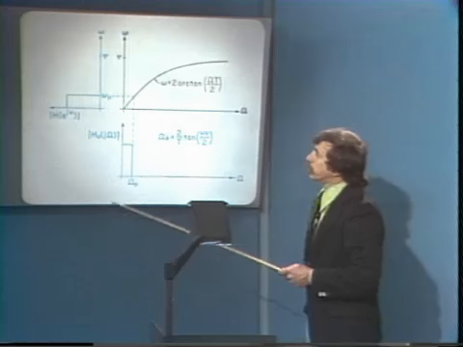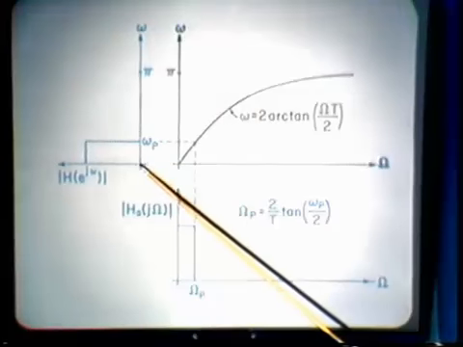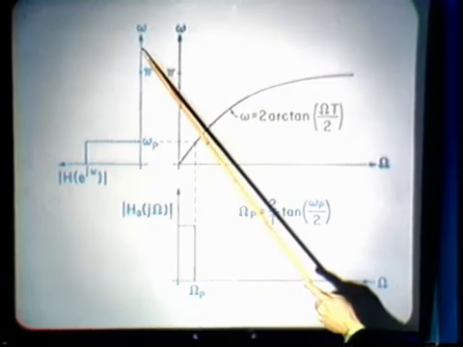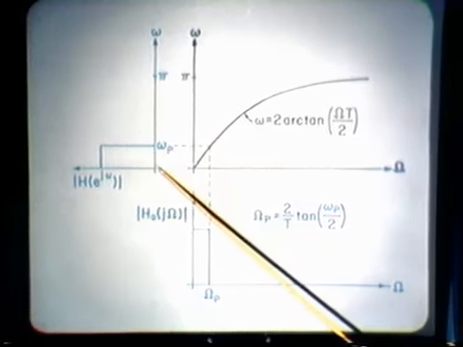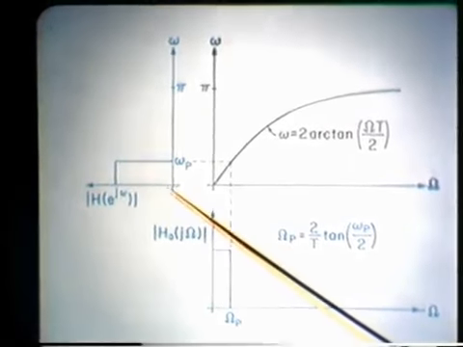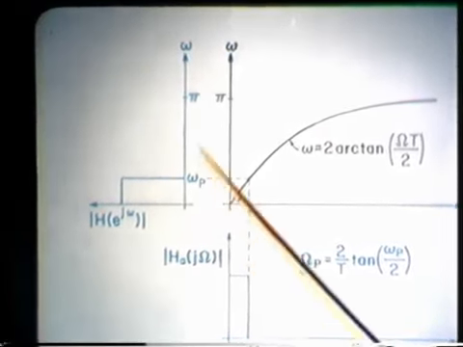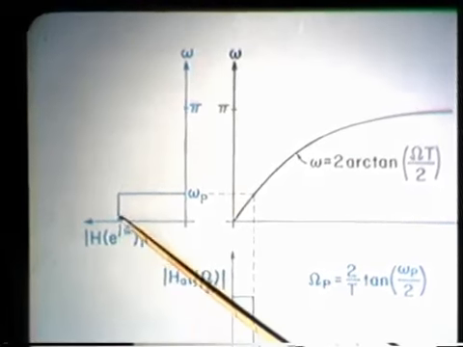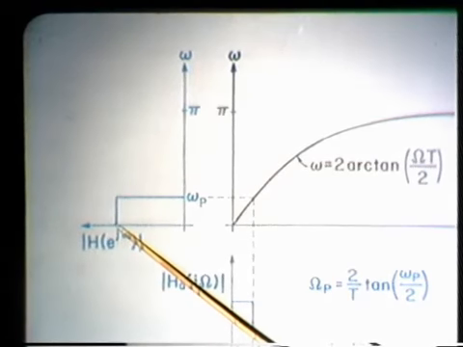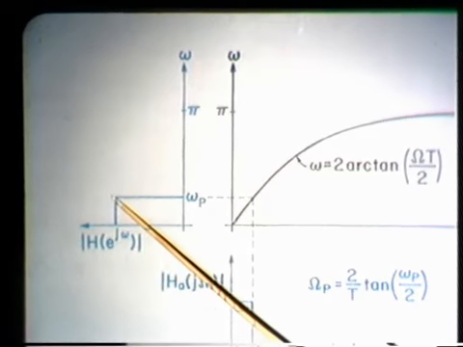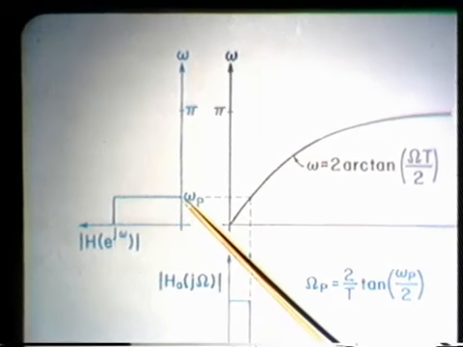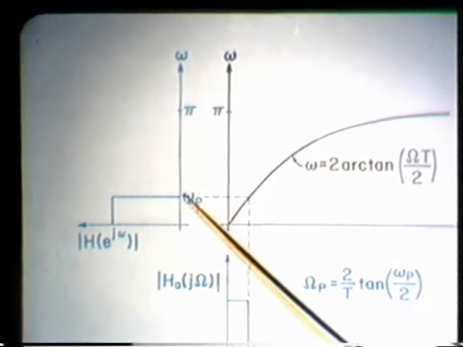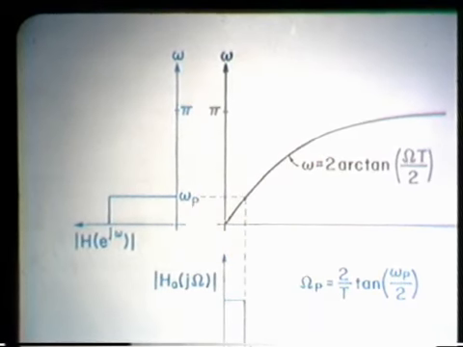Let's suppose that we were interested in designing a digital filter, which was a low-pass filter. Here's the magnitude axis, and here's the frequency axis. And the digital low-pass filter was unity, say, in the passband, a rapid cutoff at the passband edge, and then 0.